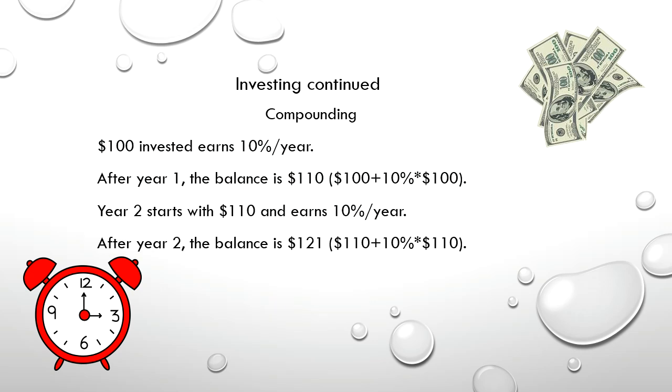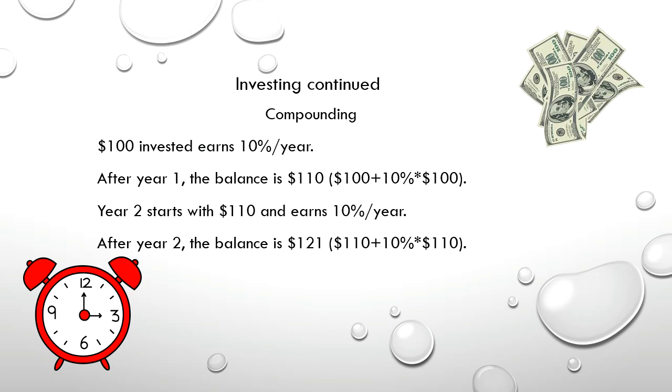Just want to touch on compounding once again. I know I had mentioned this specific example. Let me go over it very quickly. If you invested $100 at a 10% per year return, after year one your balance would be $110, which would be $100 of your initial investment plus 10% of that $100, which is $10.